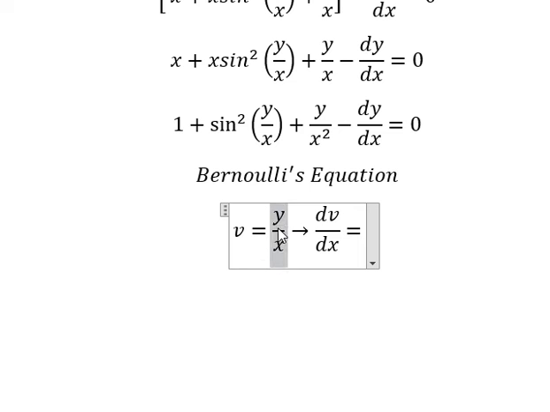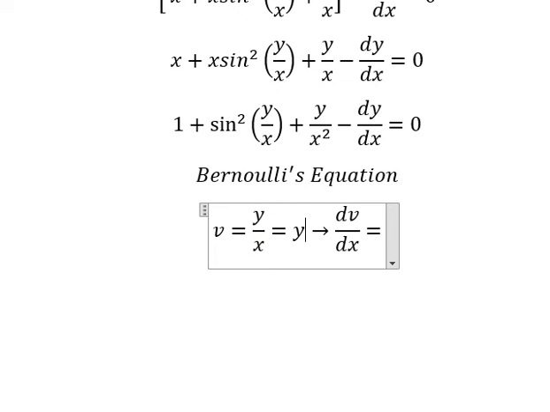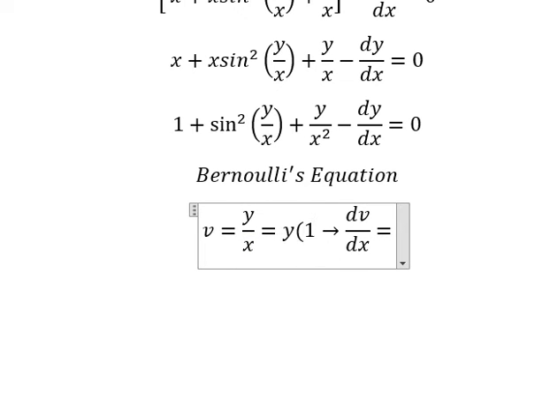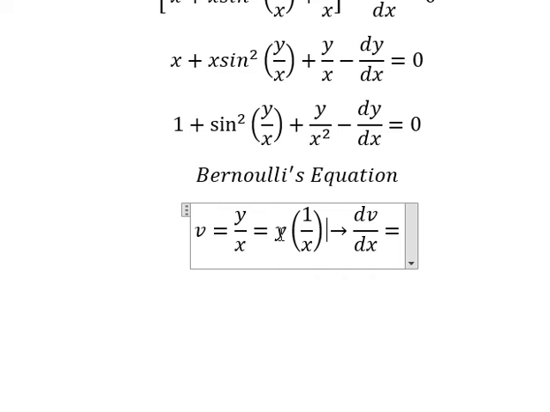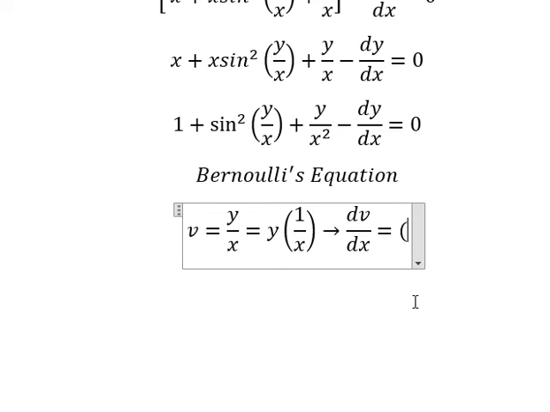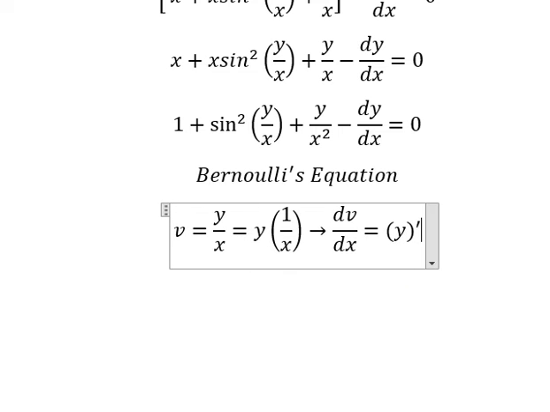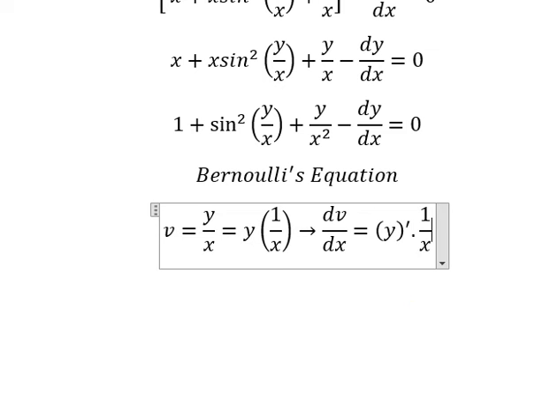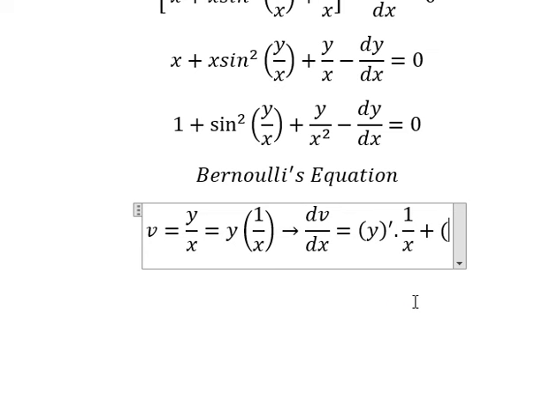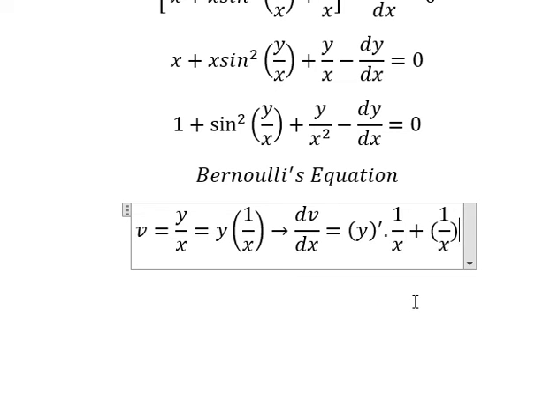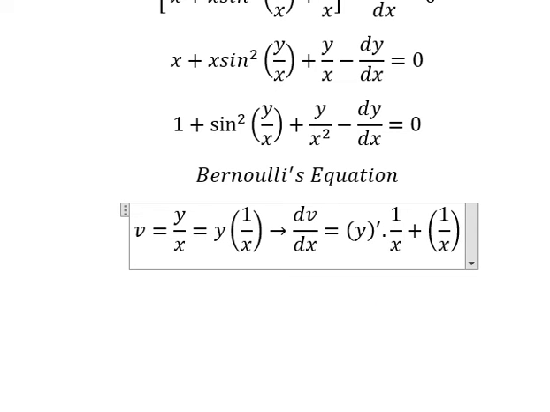We know that y over x equals y multiplied by 1 over x. So if we do first derivative, you got about first derivative of y multiplied by 1 over x. Later that we do first derivative of 1 over x multiplied by y.